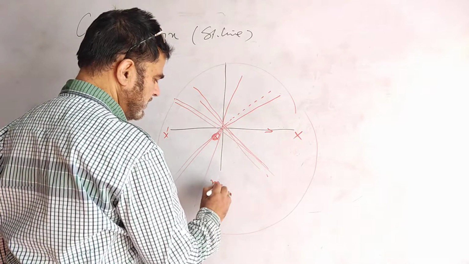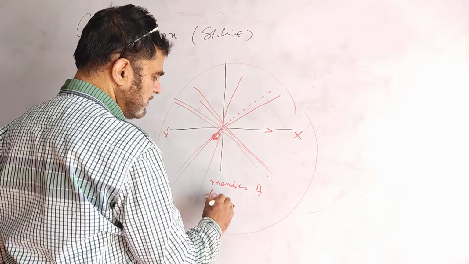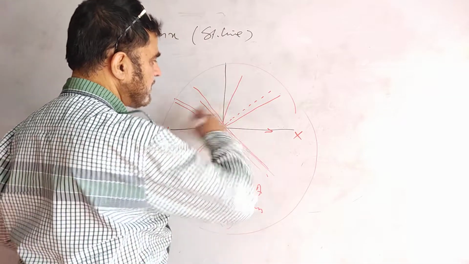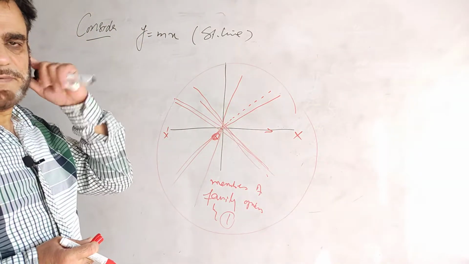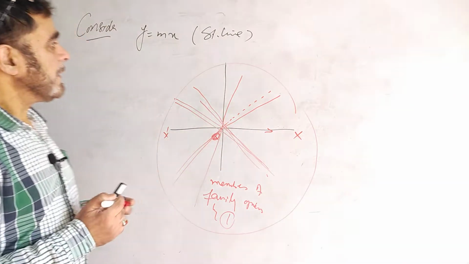These are the members of the family given by the first equation: different equations passing through the origin for different values of m. You can even give m negative, and in that way the line will go to the negative side.